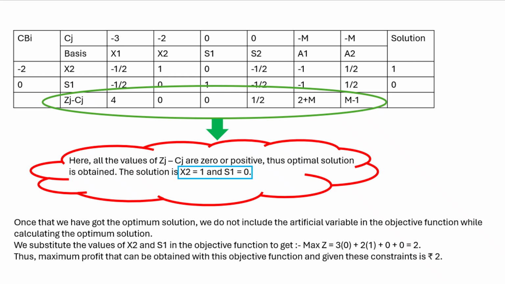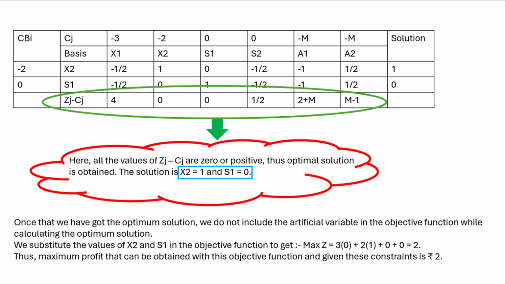So we substitute the values of x2 and s1 in the objective function to get the maximum value of z. Here x1 is not in the basis, so we consider its value as 0. 3 into x1, 3 into 0, because the value of x1 is 0.